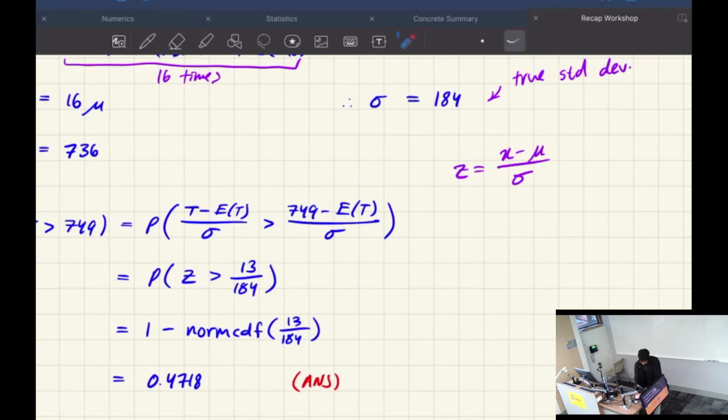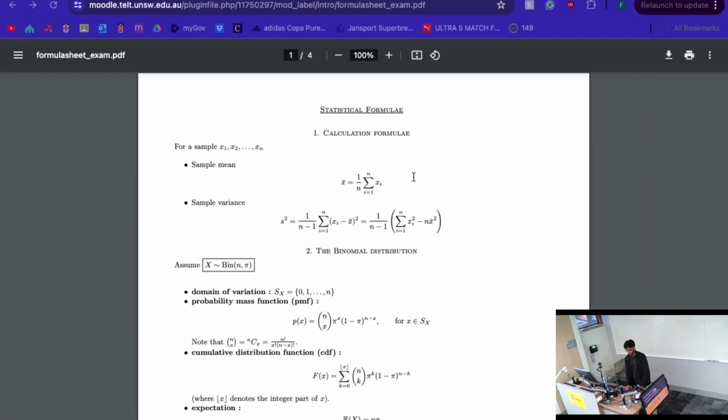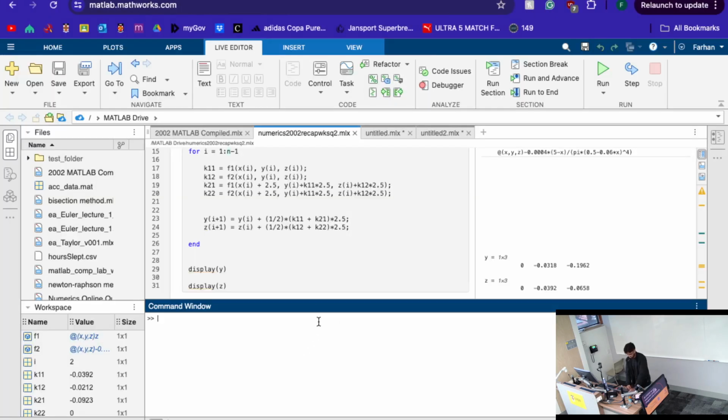So this is just E of t, I've made it that, and this is just up here. So we're trying to find the probability of z being greater than 13 over 184, which you can use MATLAB for. And you get your answer to be 4718.